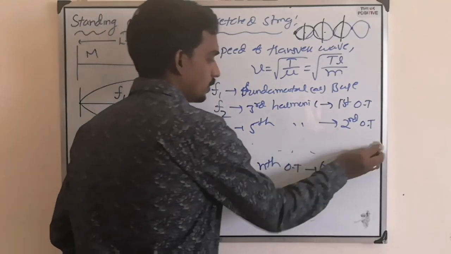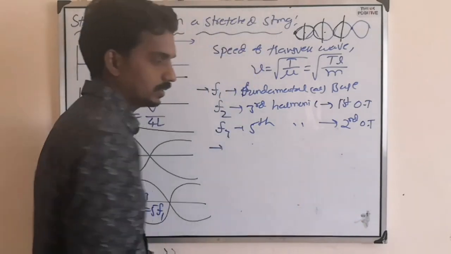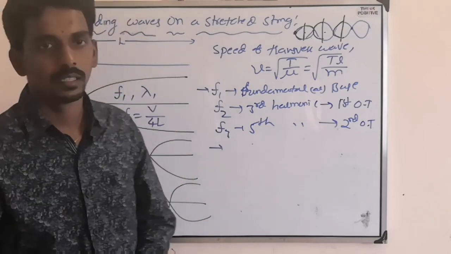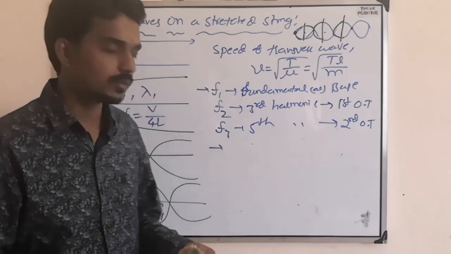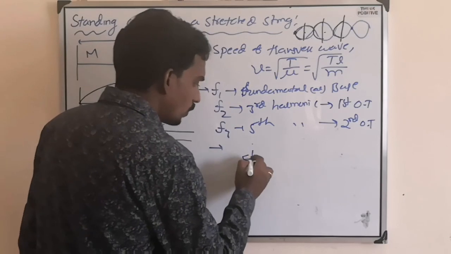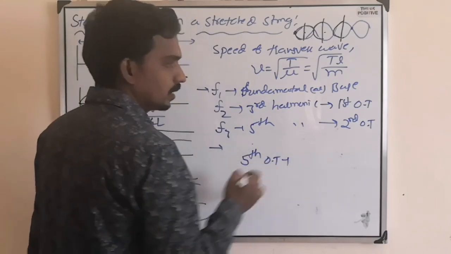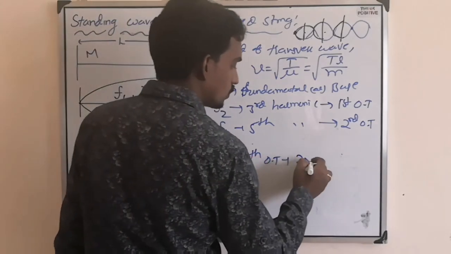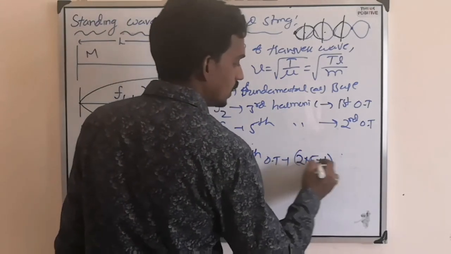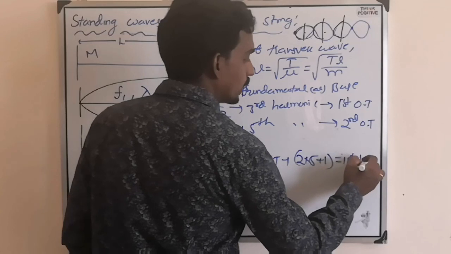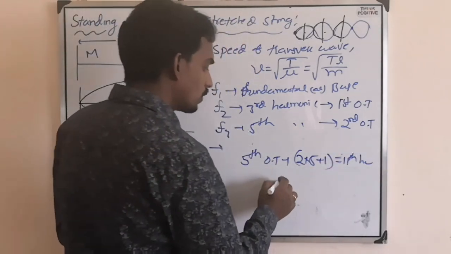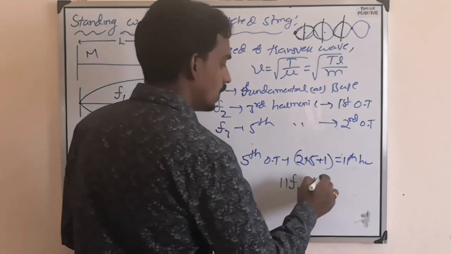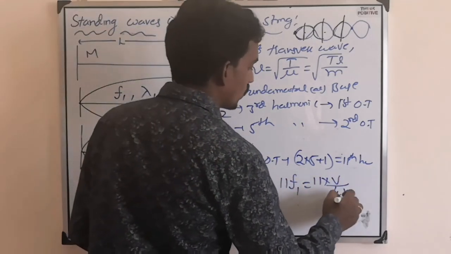For example, I will tell you. Fifth overtone in this case, they are asking you to find the frequency. So fifth overtone. So what is the formula? 2n plus 1 harmonic. So 2 into 5 plus 1. That means 11th harmonic. Then 11th harmonic means frequency 11 times fundamental frequency. 11 into V by 4L.